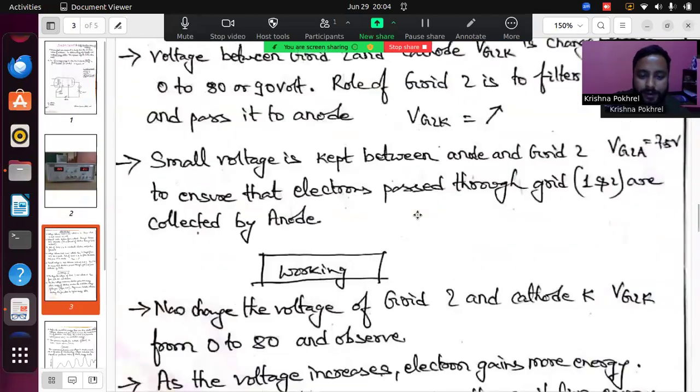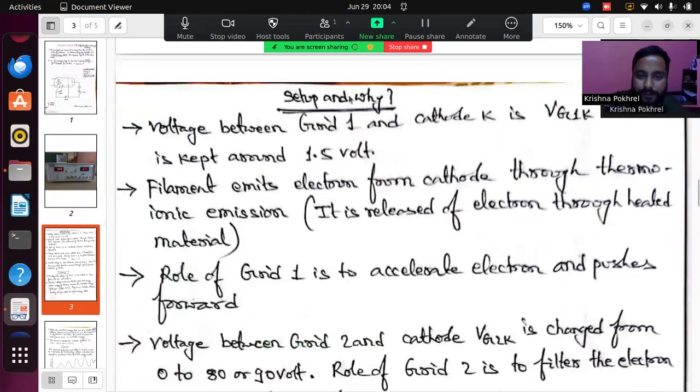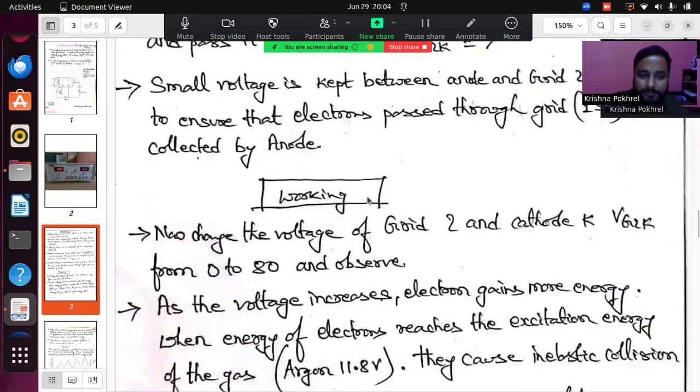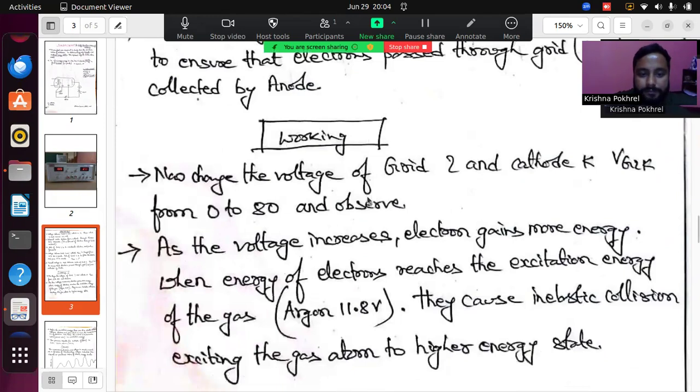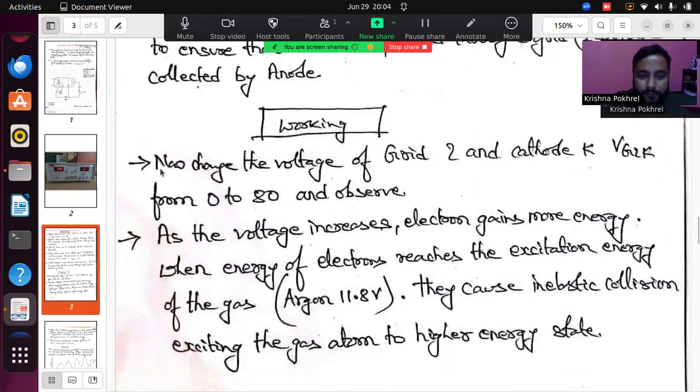Now we have completed the setup, and we have seen why we did the setup. Now, the working mechanism of this experiment. We vary the voltage of grid 2 and cathode from 0 to 80 volt and observe at increments of 2 volt, that is at 0 volt, 2 volt, 4 volt, 6 volt, 8 volt, 10 volt, 12 volt, and furthermore up to 80 volt.